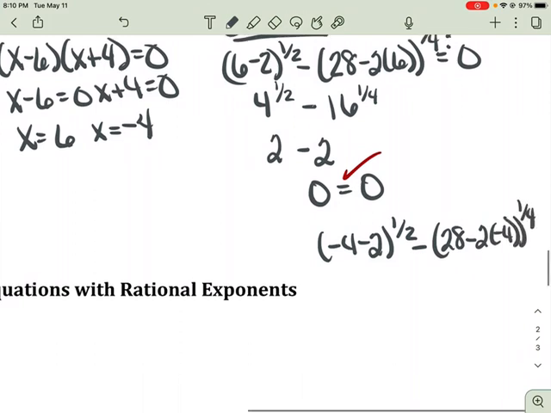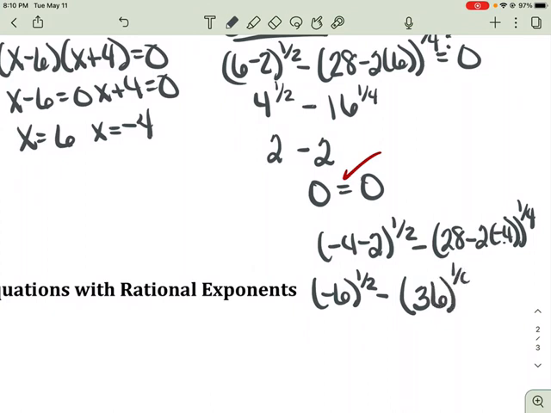And again, we want to know is that 0. So this is -6 to the 1/2 minus, this is 8. 28 plus 8 is 36, to the 1/4.